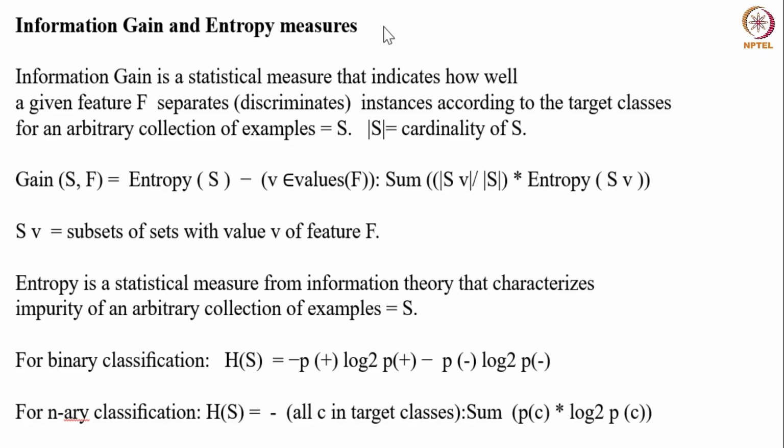The gain at a certain point, which corresponds to a certain set of instances with respect to a feature, is the entropy of the original node, minus the sum of the entropies of the subsets, given that we split the instances with respect to the values of the selected feature, weighted by the cardinality of each little subset divided by the cardinality of the set as a whole.